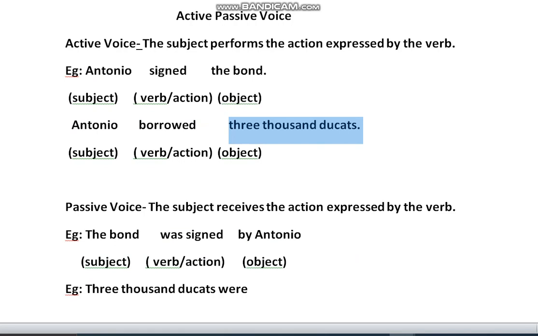Therefore, we will begin the sentence with 3000 ducats. So: 3000 ducats were borrowed by Antonio.